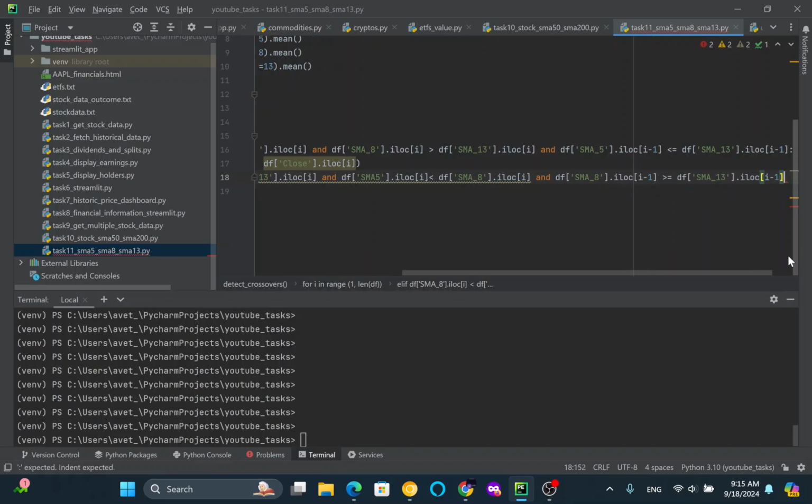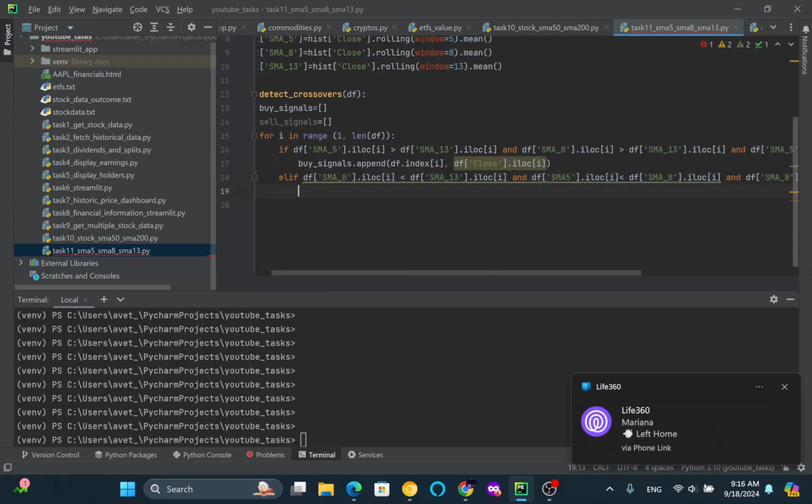So this will be considered as a sell signal.